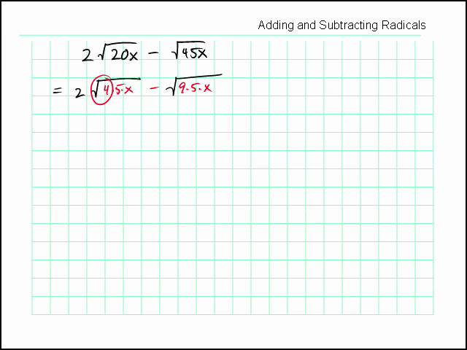The square root of 4 is 2. So I have 2 times 2 square root 5x, with the 5x left under the radical. The square root of 9 is 3. So this is 3 square root 5x. 4 square root 5x minus 3 square root 5x leaves us with 1 square root 5x.